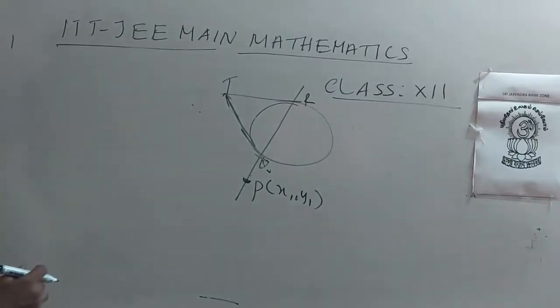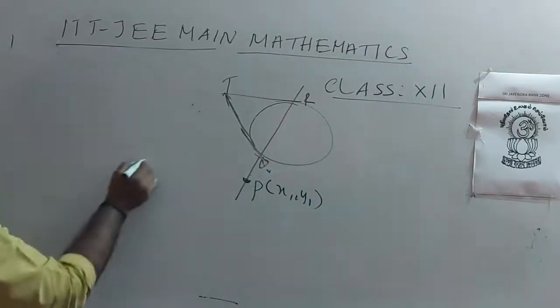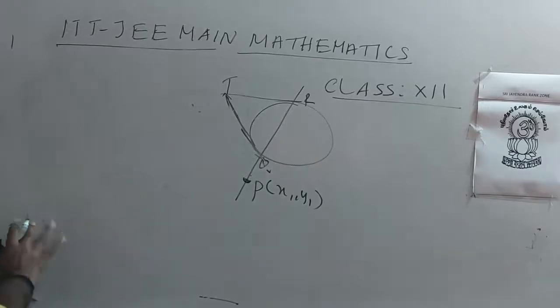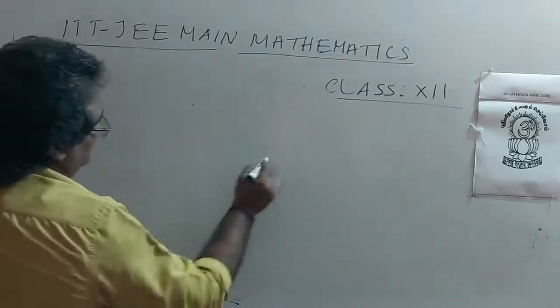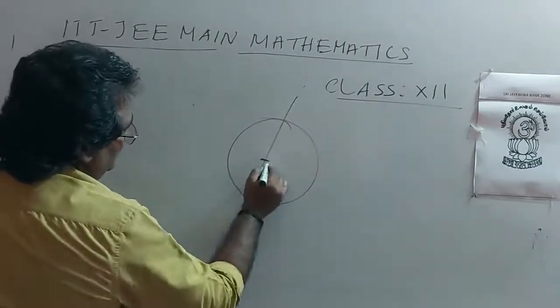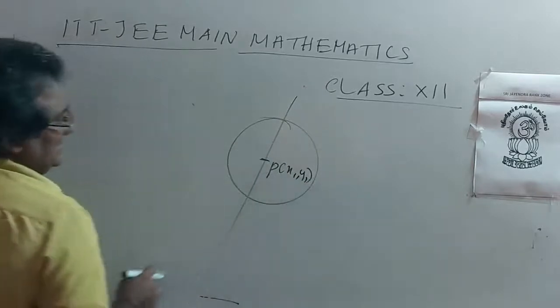P can be anywhere. P can lie outside the circle, or like this, P (x1, y1). P can lie inside the circle.